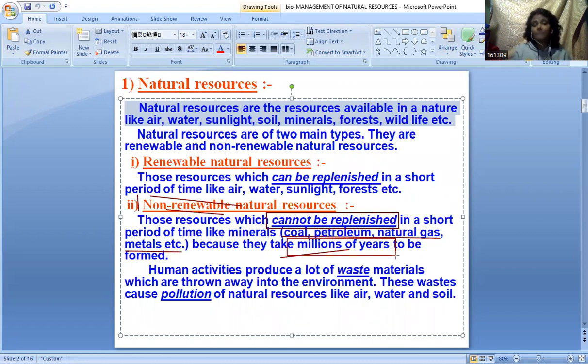So obviously this is the main reason why we need to manage the natural resources. What is the need of managing while using them? In short, this is the first reason, that it takes lots of time to replenish back. The other reasons, as you are already aware, are pollution and waste material.